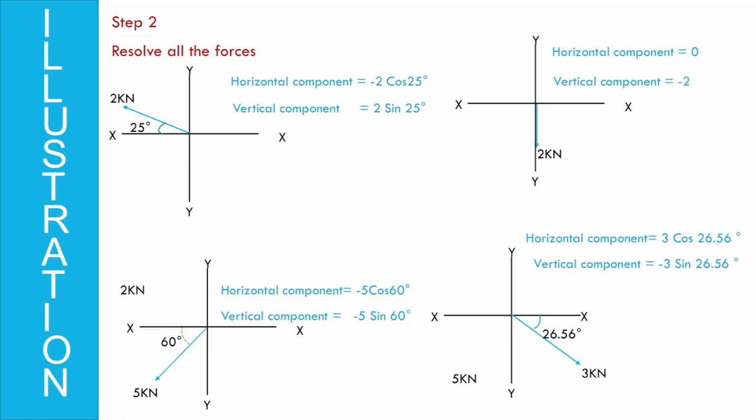The fourth force of 3 kilonewton, making an angle of 26.56 in the fourth quadrant, will be resolved into 3 cos 26.56 and 3 sin 26.56, where x will be positive and y will be negative. So, it is minus 3 sin 26.56.